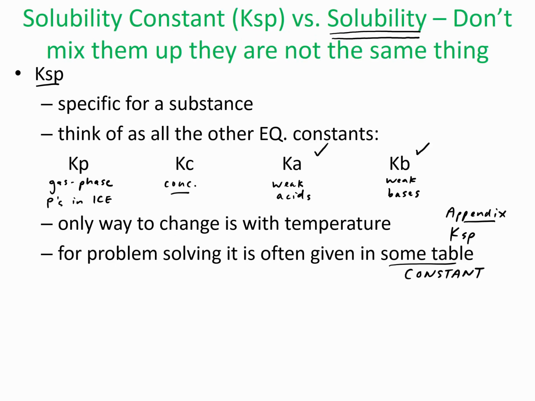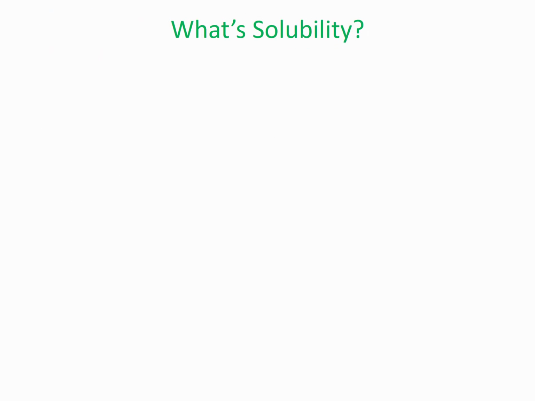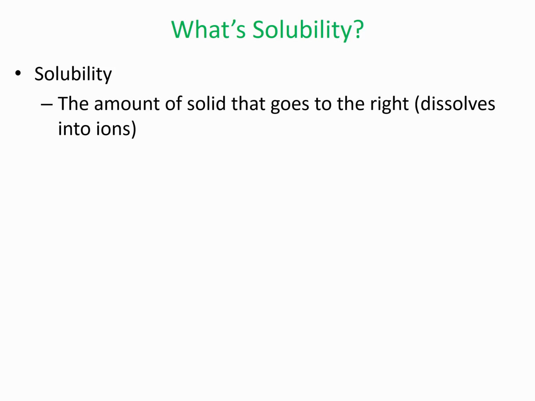Okay, so what then is solubility? Solubility is the amount of solid that goes to the right. So if we have calcium carbonate, our earlier example, and it goes to Ca2 plus and CO3 2 minus, it's the amount of this solid that makes ions.